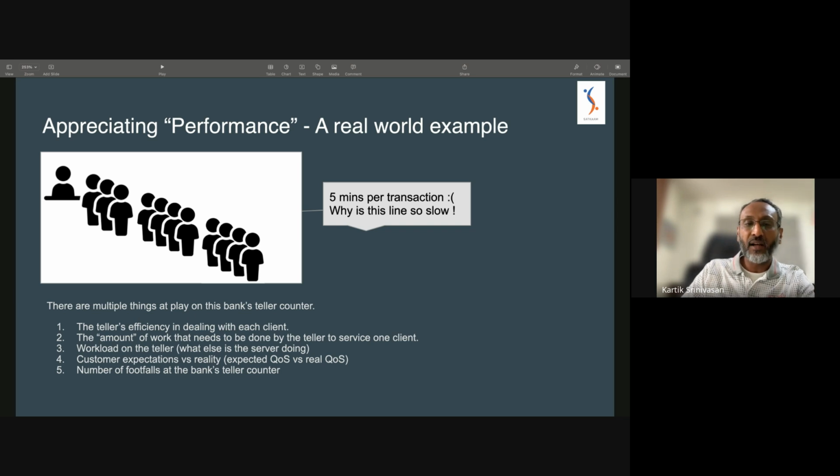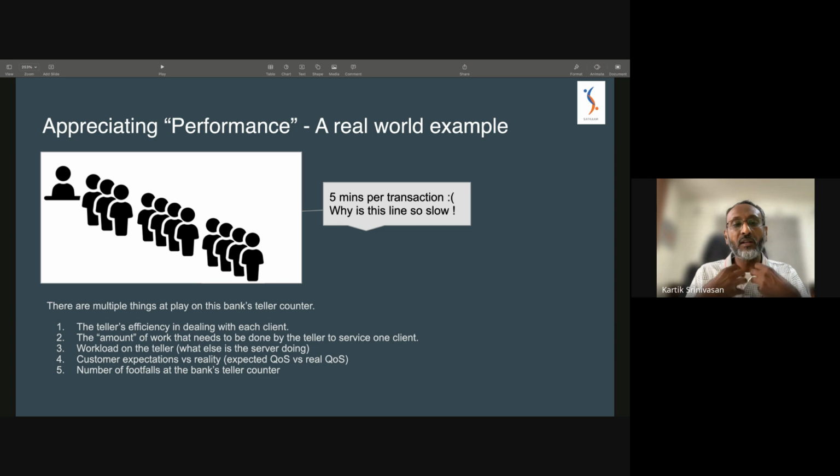So now that I have a way to figure out whether this is an anomaly or a sudden surge in traffic patterns that I didn't anticipate, or it is a planned event where I could decide upfront that I may need more capacity, I may need a better teller at the counter, a more experienced or efficient teller who will probably reduce the transaction time from 5 minutes to 2 minutes and still get the work done.